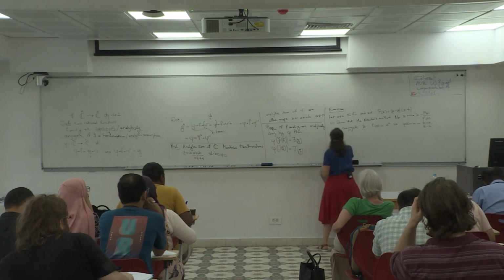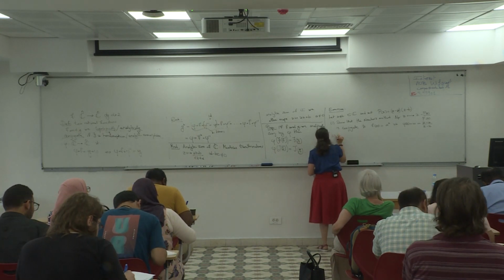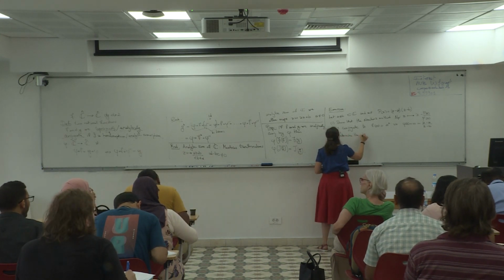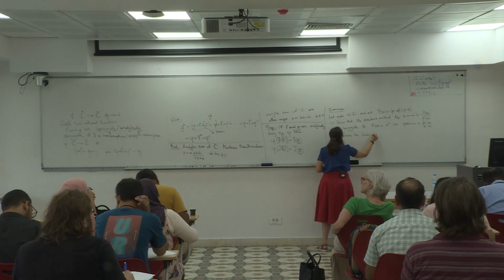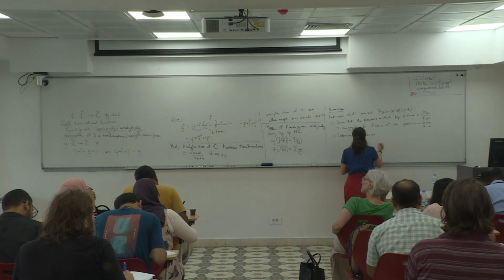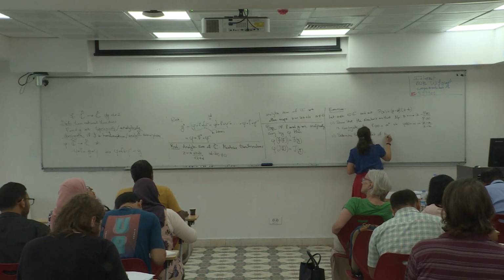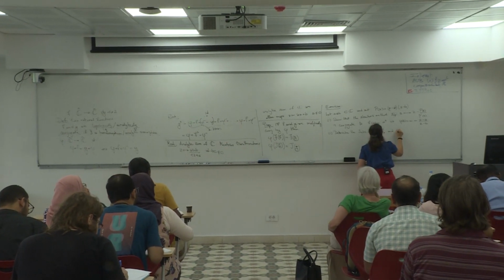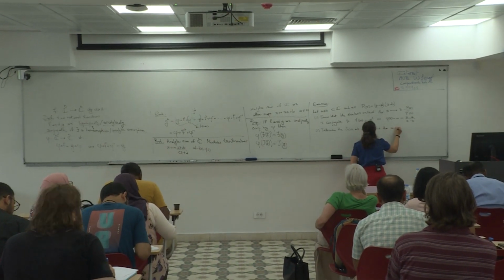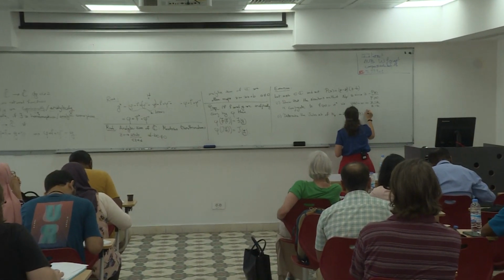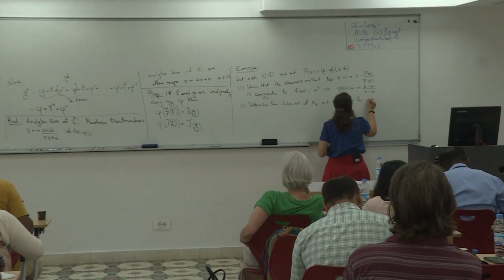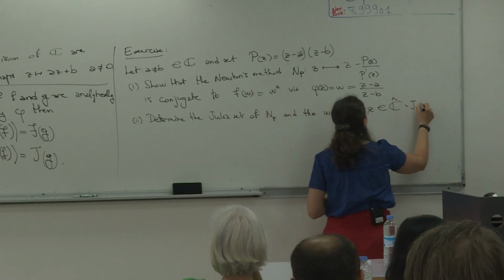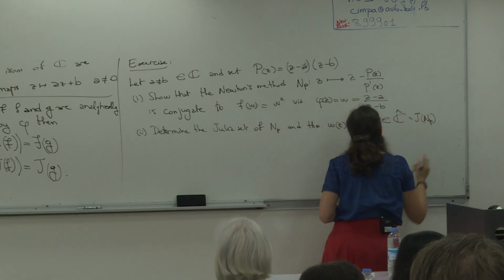And then you can determine the Julia set of the Newton method and the omega limit set for each point in the Riemann sphere minus the Julia set of the Newton method. Okay?